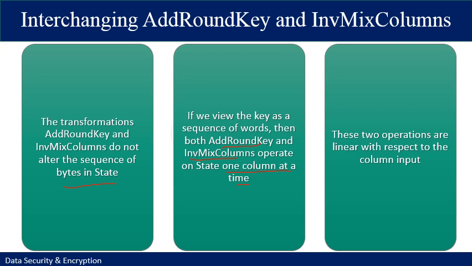So these two operations are linear with respect to column input. Therefore there will be no change in the actual values of the state, but only in the position of our state matrix.